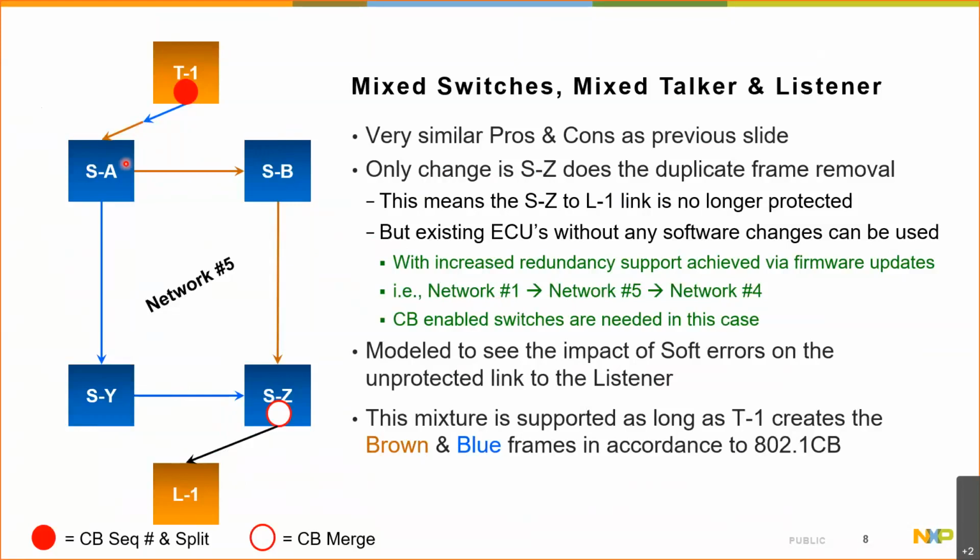And Nicolas will cover that very shortly here. And then later on, you may have another firmware update where you've had the chance to update the code in the listener and move the CB function down there, in which case then you get to network 4. So it's very interesting that over time you can get this added protection just with firmware updates. Now, of course, to make that work, all the switches need to be CB aware and so on to allow that migration.